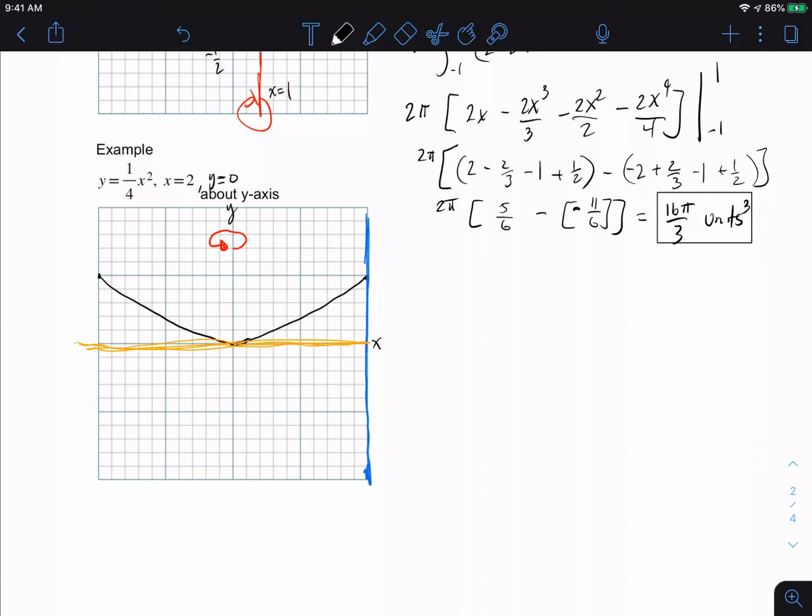Is it both? It's to the right. Very good. Vertical or horizontal slice? Okay, that's right.